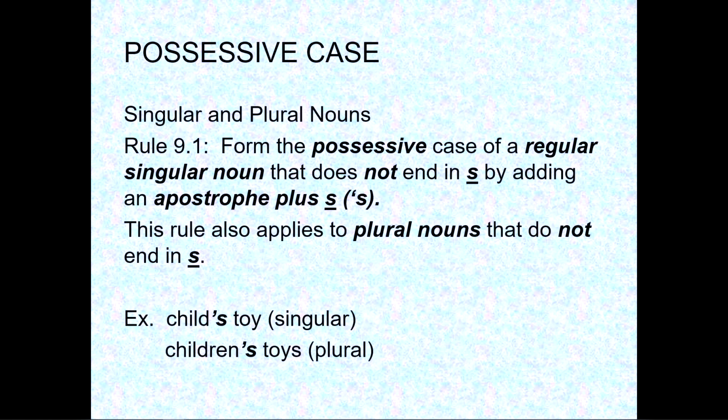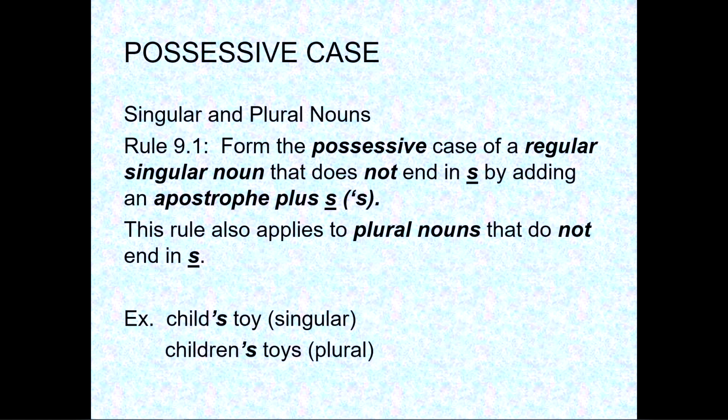Here is rule 9.1, singular and plural nouns. Form the possessive case of a regular singular noun that does not end in S by adding an apostrophe plus the S, like we just saw. The rule also applies to plural nouns that do not end in S. This is critical in possessives.